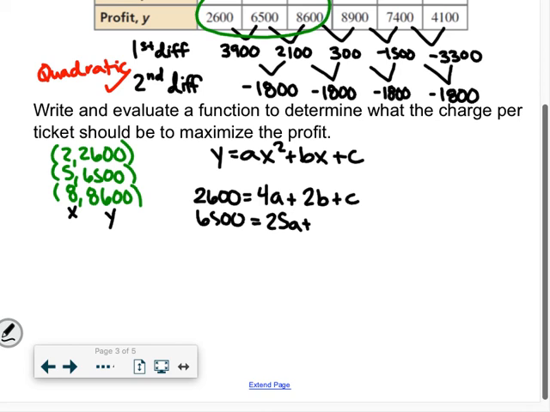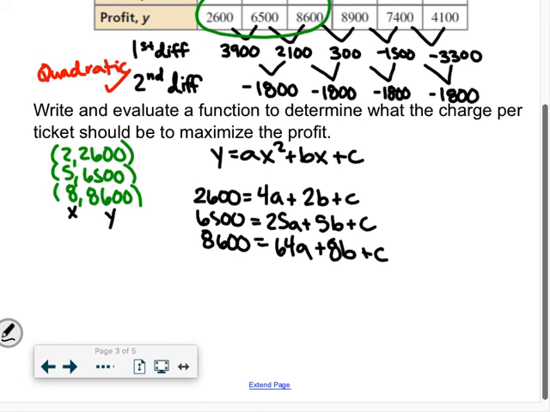Plus b times x, which is 5. Plus c. And then we do it one more time. 8,600 equals a times 8 squared, 64a, plus b times 8, plus c.